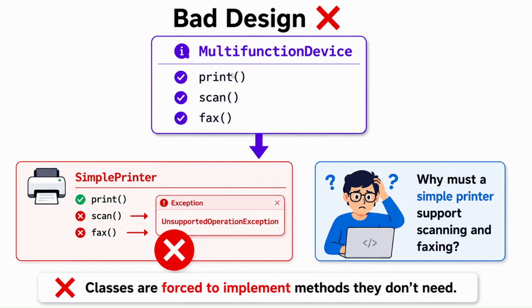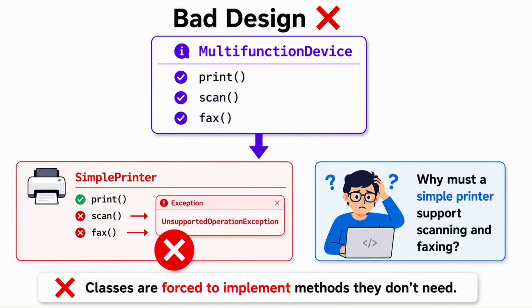For example, besides SimplePrinter, there can be another class which is SimpleScanner, which can only scan. So we should not add all of the methods inside one interface. Instead of that, we should create multiple interfaces.